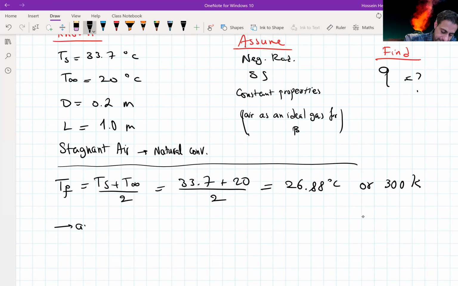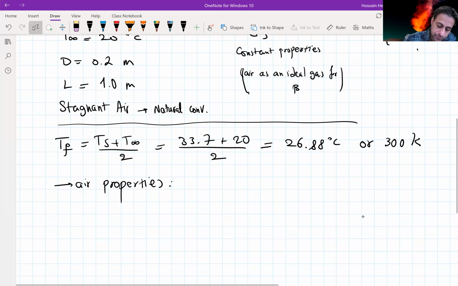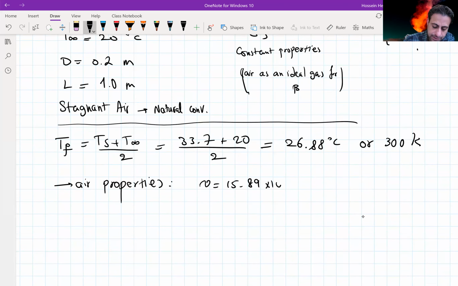So we can read air properties. Kinematic viscosity is going to be 15.89 times 10 to the power minus 6 meters squared per second. Prandtl number would be 0.707. Alpha is going to be 22.6 times 10 to the power minus 6 meters squared per second.